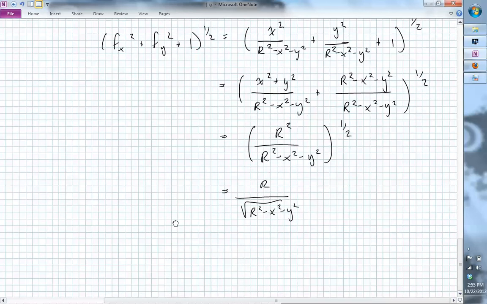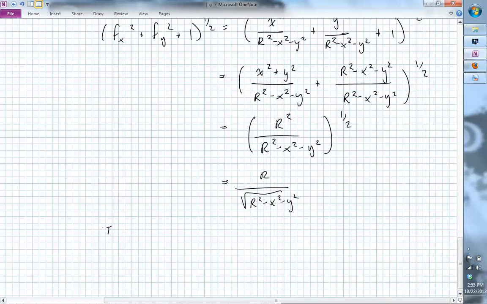I need to integrate this over the region below the hemisphere in the xy plane.